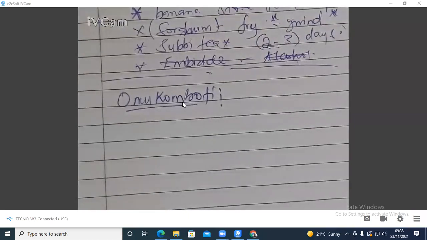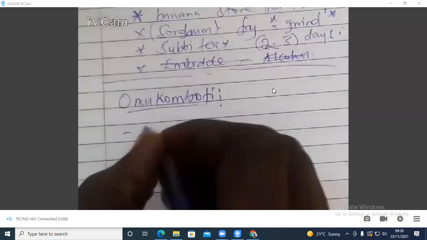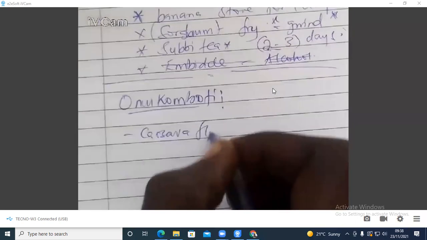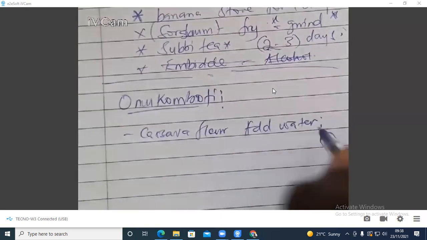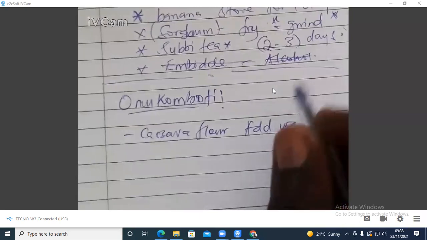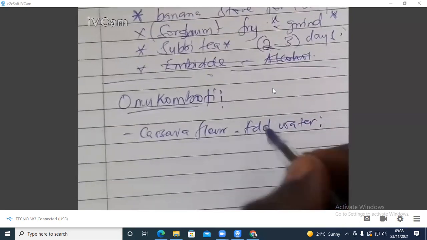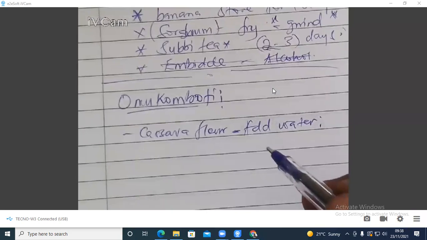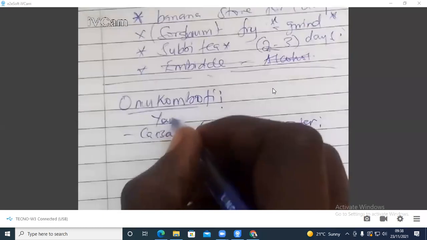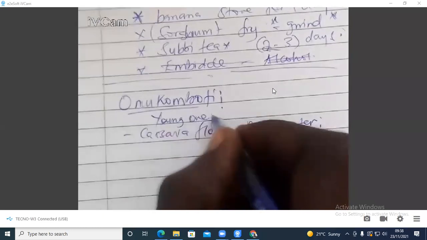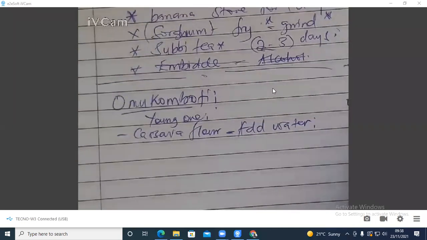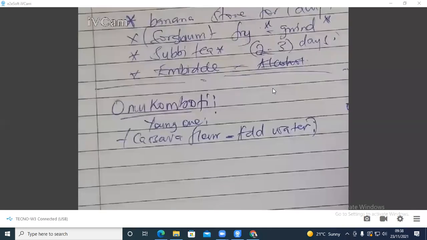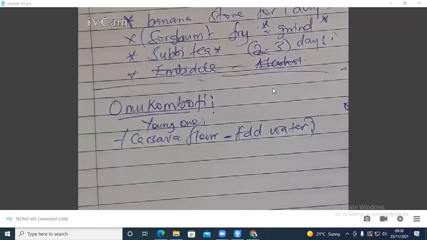You first get cassava flour. You mix it with water. Add water and make a paste. They have told me that there are two kinds of mukomboti, the young one and the older one. The older one, you keep for 3 days, this cassava mixed with water.